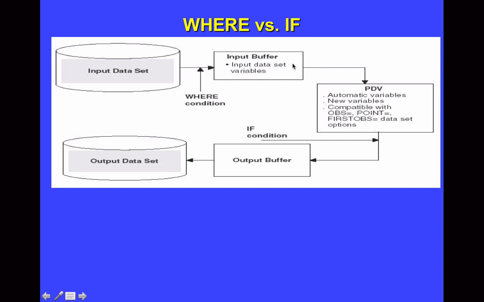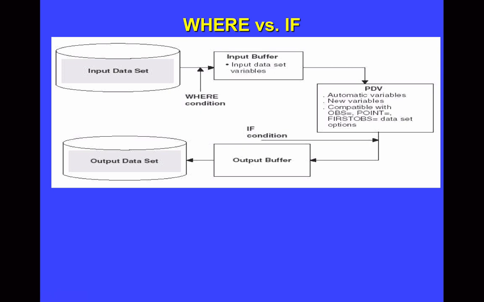And from there, the data get further processed and they move into what's called a program data vector or a PDV, at which point the data set, as it's temporarily held in SAS's memory, starts to acquire some new variables, particularly automatic variables and internal variables that SAS creates while processing the data step. From the program data vector, the SAS observations then move to an output buffer, and then finally to the output data set that you're trying to create.